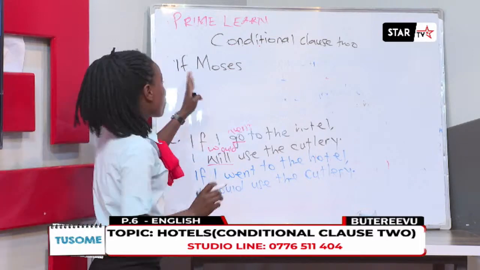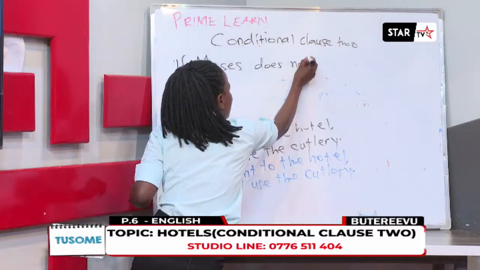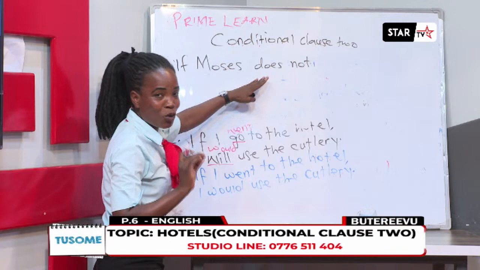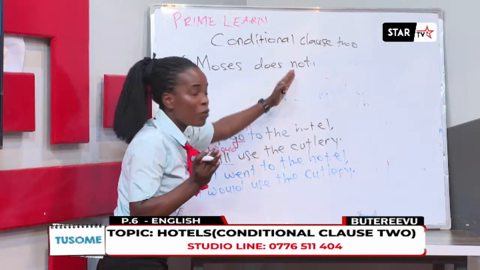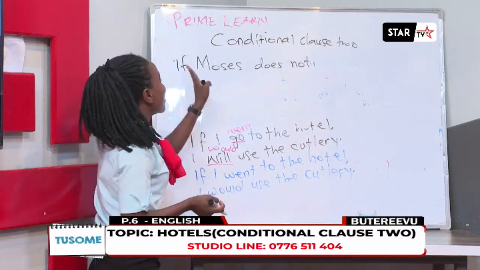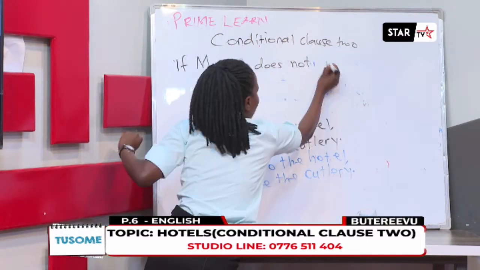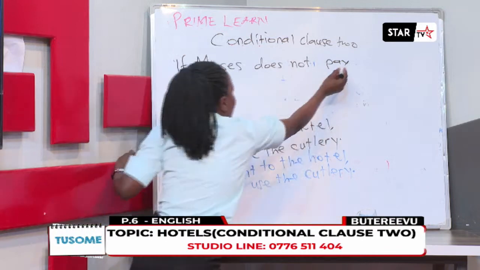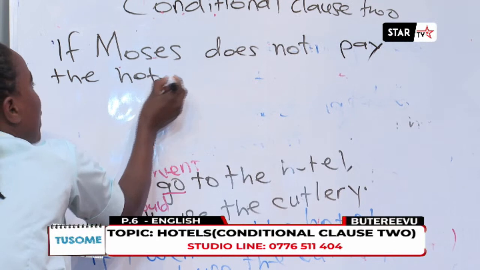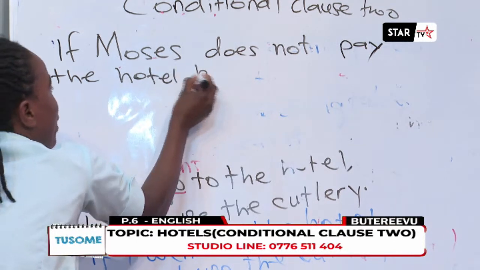If Moses does not pay, pay attention to the word written, the word does not. There are two words. Once you combine both of them, your word will be wrong. If Moses does not pay the hotel bills, what will happen to Moses? He will be arrested.